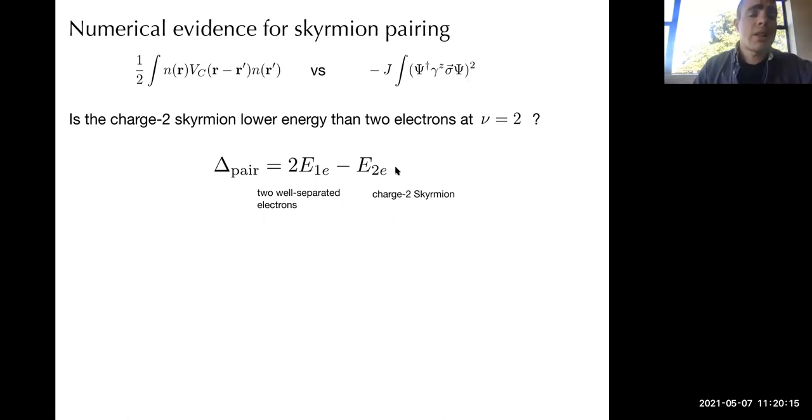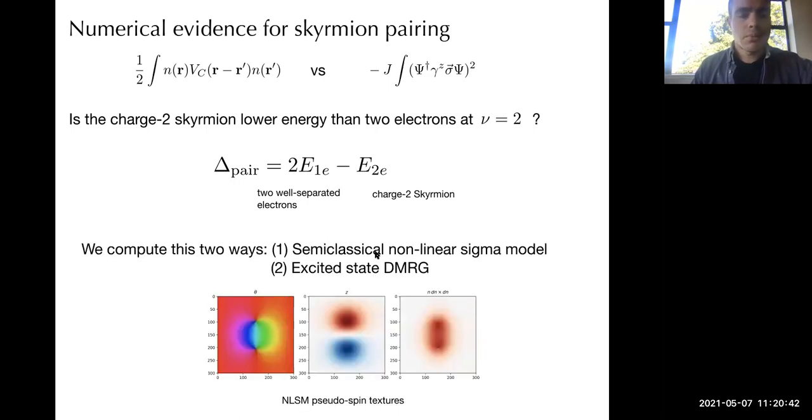Quantitatively, the thing we want to measure is: you start from the insulator at nu equals 2, and then you measure the energy to add a pair of well-separated electrons versus the energy to add two electrons where they're allowed to be close to each other. If you find a difference between these two, that exactly gives the binding energy for electrons to form pairs, which will tell us whether these charge 2 skyrmions are favorable.